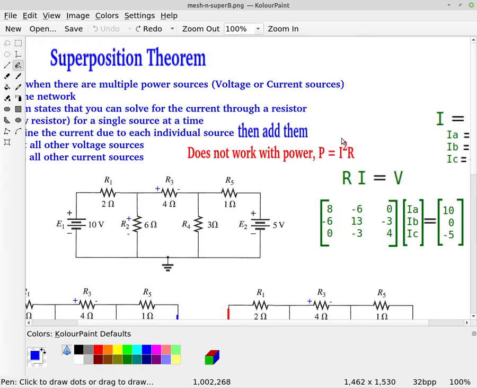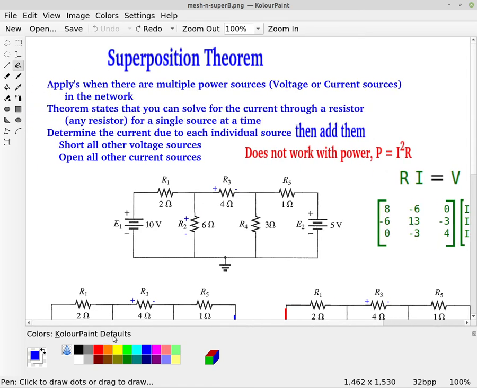But you can't use superposition and find the power of each individual source and then try to find the actual power from just adding them up. So superposition works for voltage or current, but it doesn't work for power because of the square factor in it.